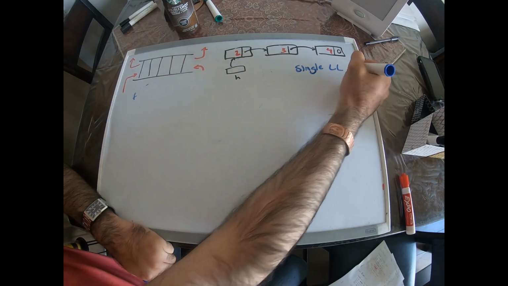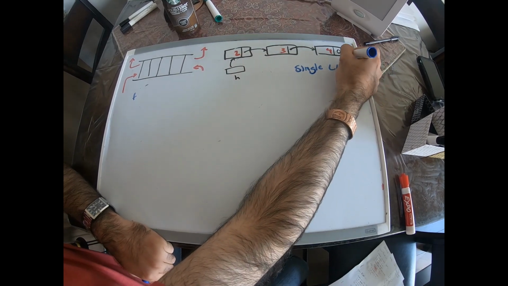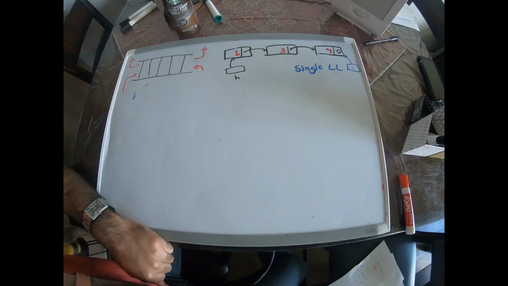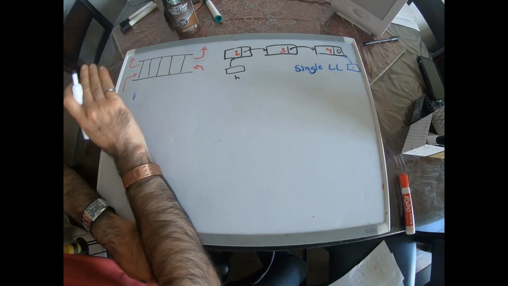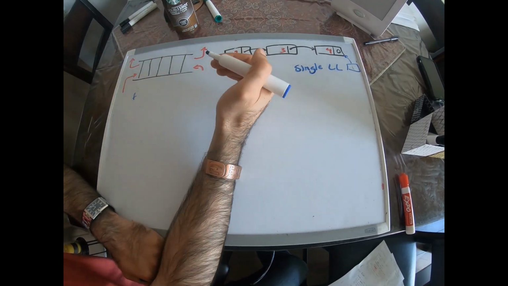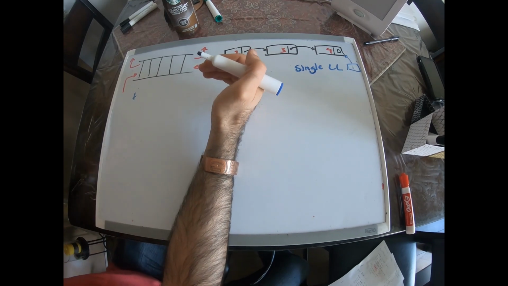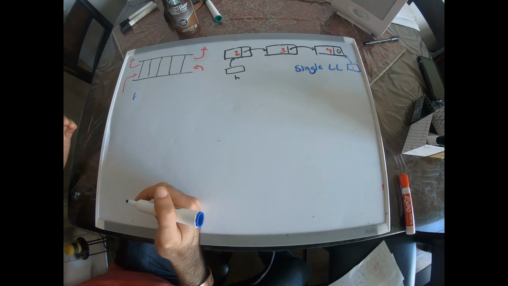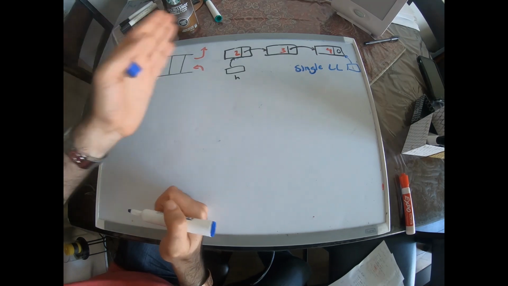But you saw that when we want to implement a deque, we have to change both. If we have two pointers pointing to both ends of the linked list, we need to be able to traverse through both directions. It's not just going from left to right.